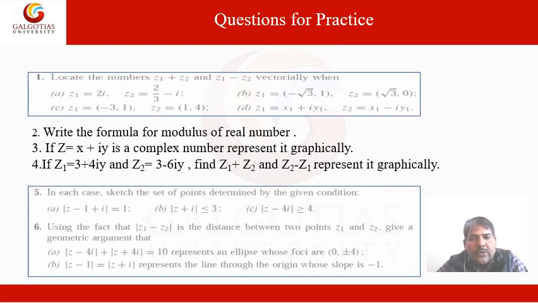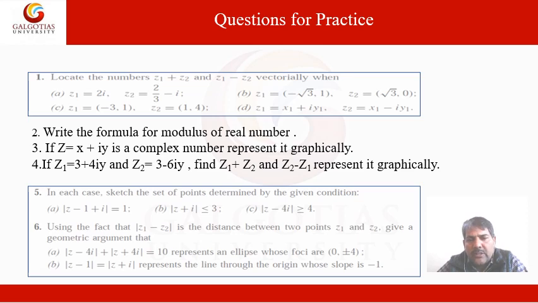So these are the questions for practice. Locate the numbers z1 plus z2 and z1 minus z2 vectorially when z1 is equal to 2i, z2 is equal to 2 by 3 minus i.